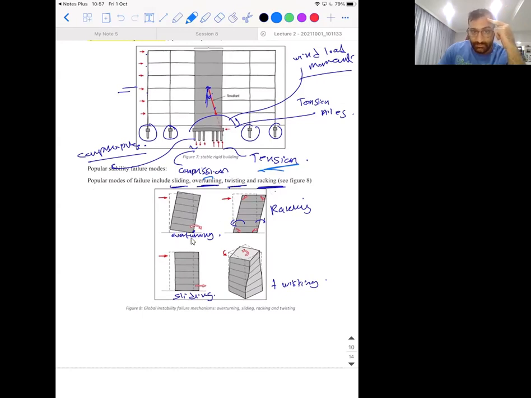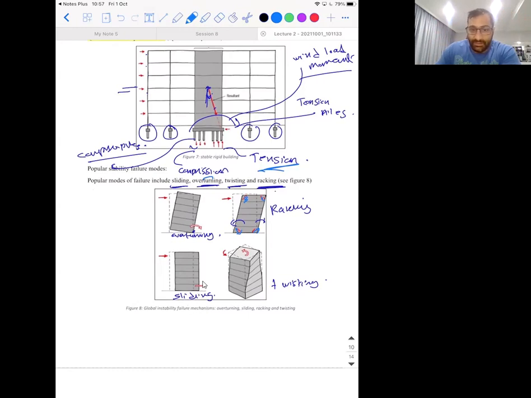Overturning is this one, the building basically tips. Raking, it moves in that sense. Every corner moves independently. That's raking, back and forth, basically. And you have sliding, like when a flood, a water tank, hits the building from the outside and it is slid to the side.